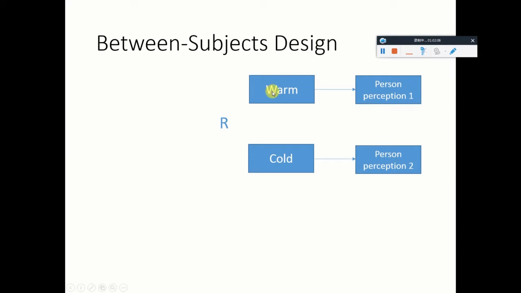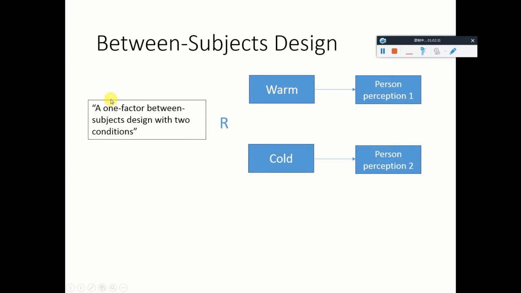These people in this condition provide scores with which we can compute an average. And another group of people in this condition will provide scores with which we can compute a second average. And later on, we can compare if there's any difference between the two averages produced from the two conditions.